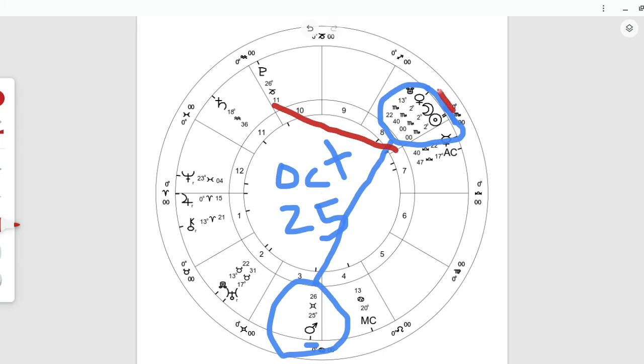So you have 30 degrees here of Scorpio, 30 degrees of Sagittarius, and 30 degrees almost of Capricorn. So that makes up the 90 degrees necessary to form a square.